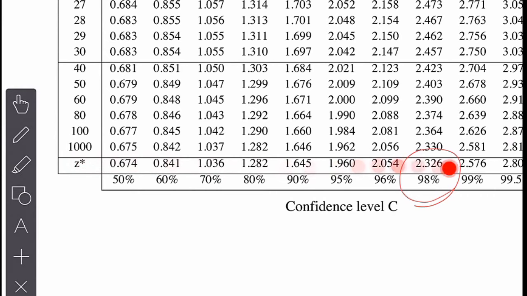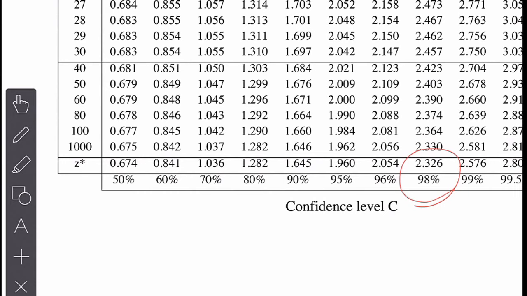So I'm going to use just this part of this table right now. I'm not going to use the other part of the table yet. Just this lower end. So we're going to familiarize ourselves with this border, or the bottom of the table. And here's where I take that. So 98% on the z table, right?